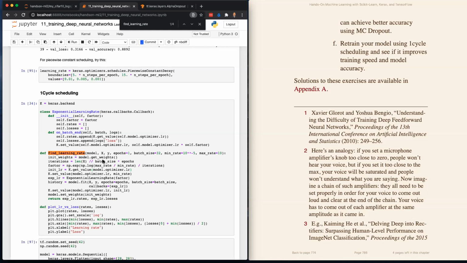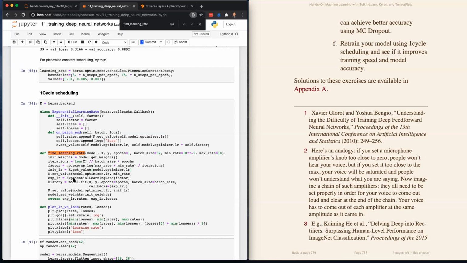So how many times are we going to go? Factor, I'm assuming, is what factor you're going to move by, np.exp of this. Okay, I have no clue. Sorry about that. I need to read through it to make sense of it.